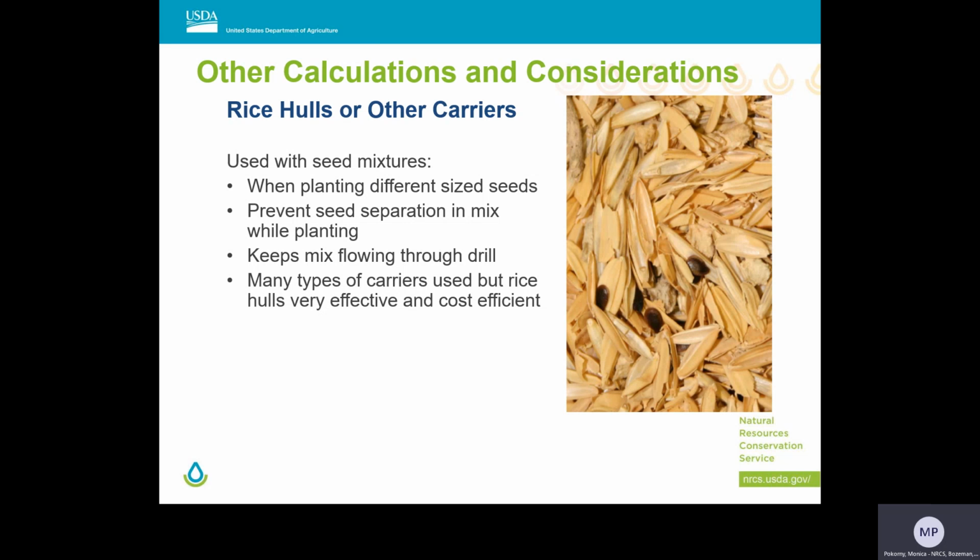These rice hulls will be clean and unbroken. There are a lot of other types of carriers available, but the rice hulls are really effective and relatively inexpensive. And because they're compatible with most grain drills, they're easy to calibrate in a seeding.